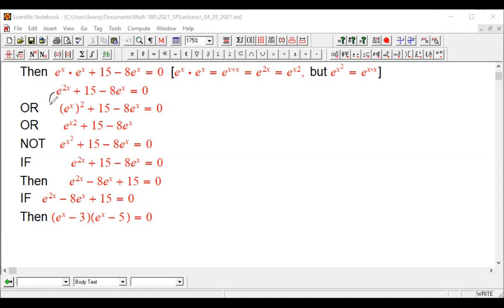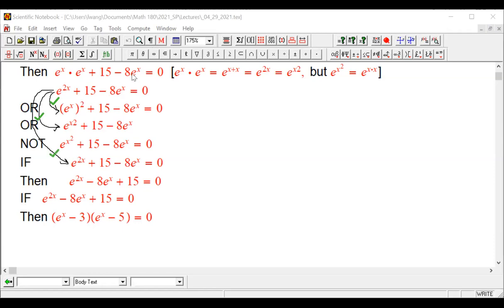From this step, you can go here. That's okay. From that step, you can go here, and that is okay as well. From that step, you can go there, and that is okay as well.